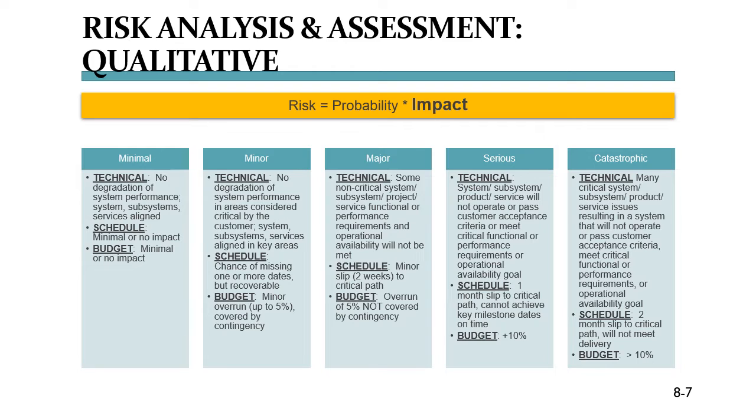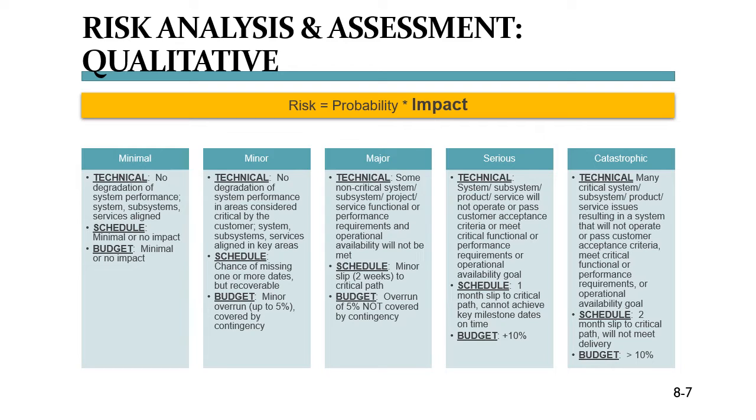In most organizations, you will find the same number of categories for impact that you have for probability. Since we had 5 categories for probability before, we will have 5 categories for impact as well. If we had 4 categories for probability, we would have probably 4 categories for impact and so on.